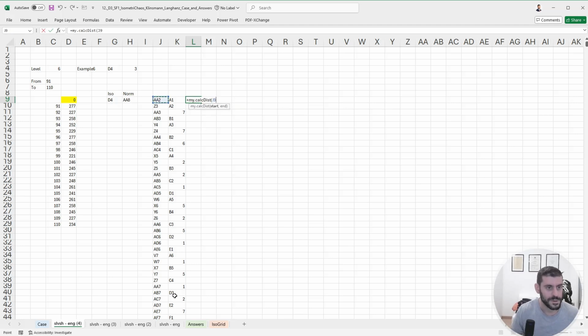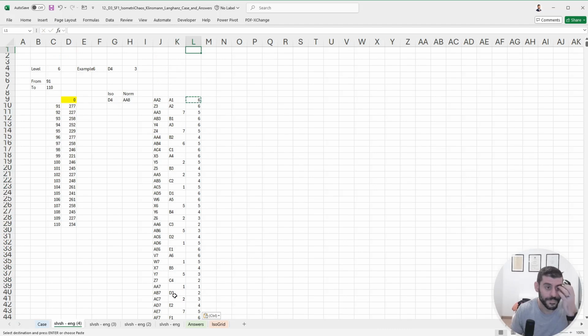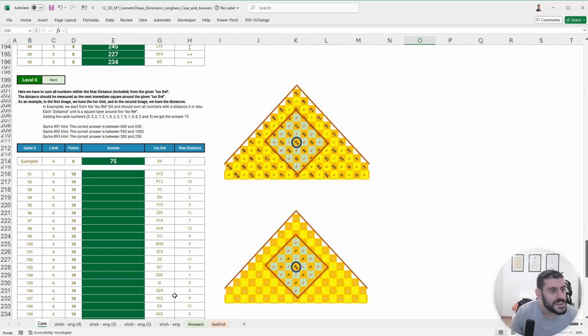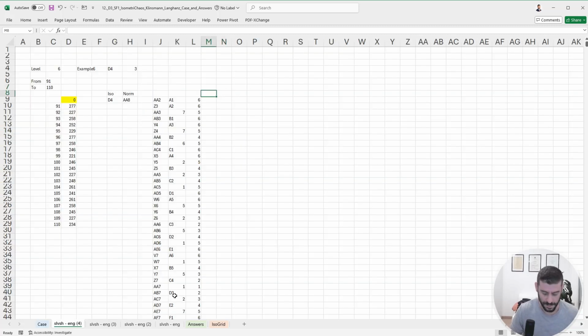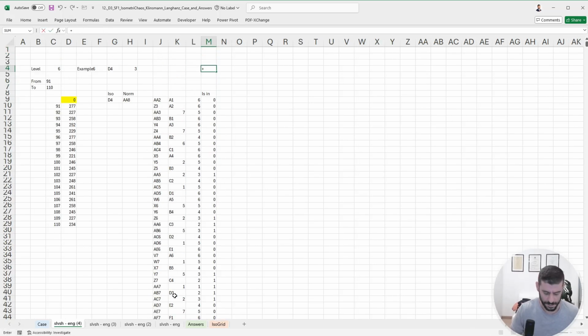Distance. This and this. The sum of numbers within the max distance. If this is less than or equal to my distance, it's 1, otherwise it's 0. So this is some product.